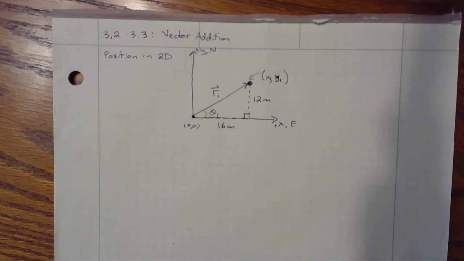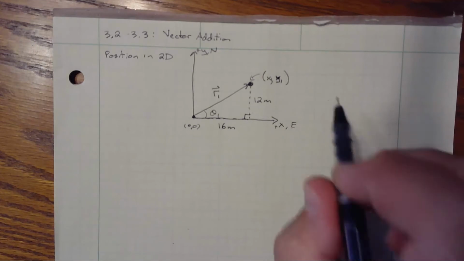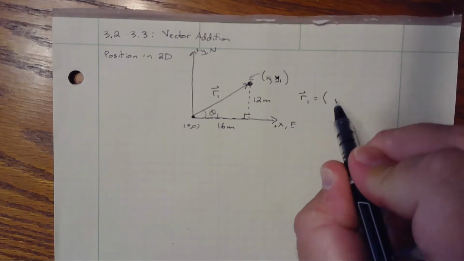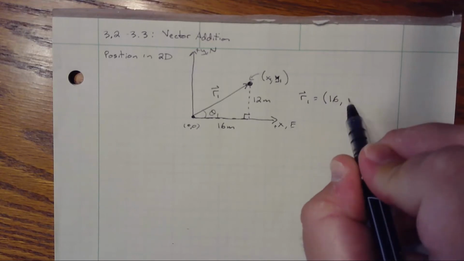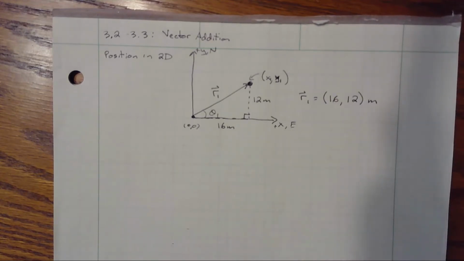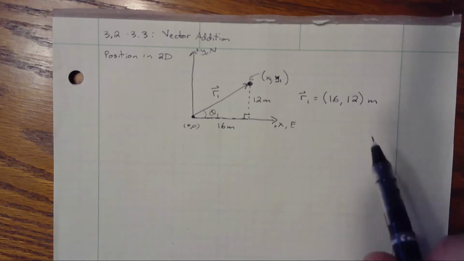So, in other words, my vector R1 is equal to my x component, which is 16, my y component, which is 12, and we'll keep the units on the outside. So this completely specifies this vector.